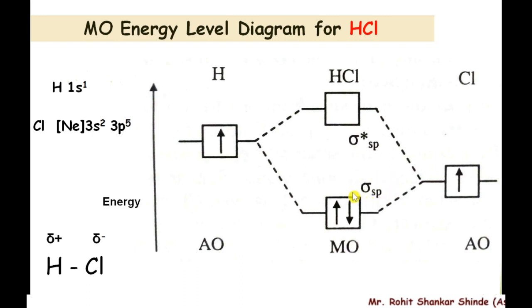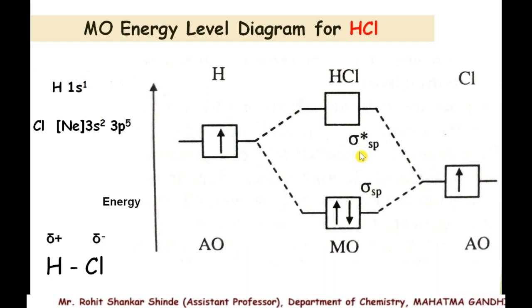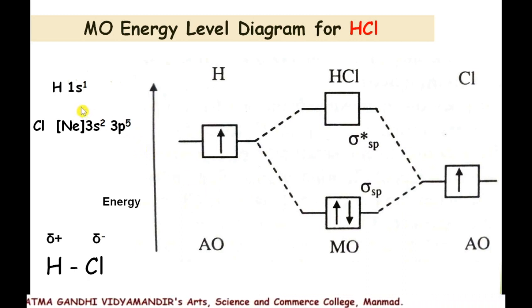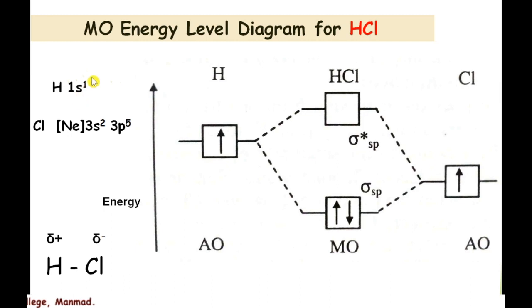The bonding molecular orbital is shown as sigma sp, while anti-bonding will be written as sigma star sp. While writing the electronic configuration of HCl molecule, for hydrogen atom there are no electrons to be written as a K shell, because this electron is already present in a K shell and it is taking part in the formation of molecule.